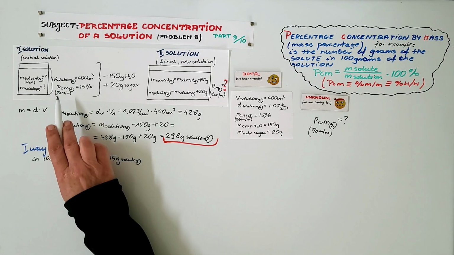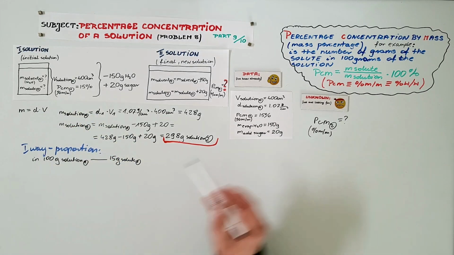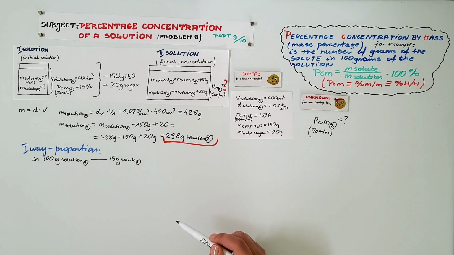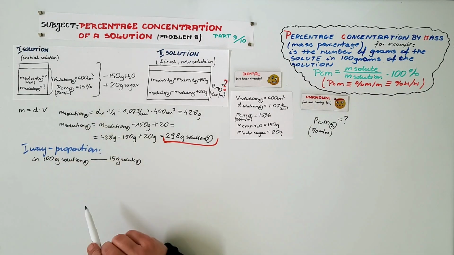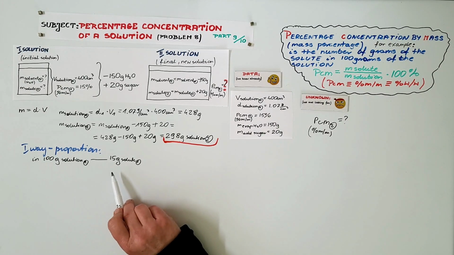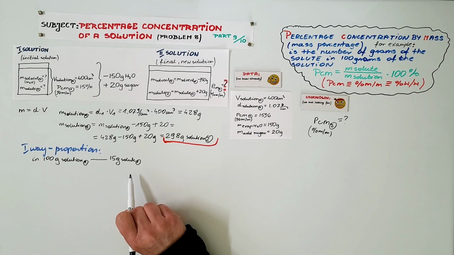Why? Because percentage concentration by mass is the number of grams of solute in 100 grams of solution. In our case, equals 15%.